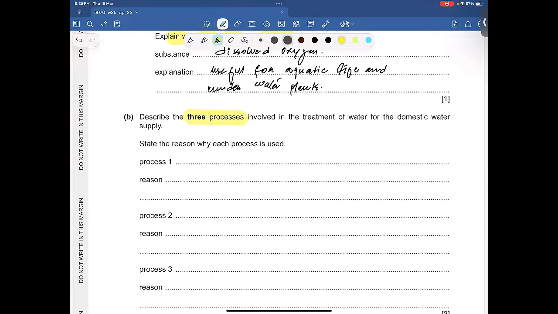Describe three processes involved in the treatment of water for domestic water supply. State the reason why each process is used. Process one is sedimentation, to remove insoluble solids. Okay.